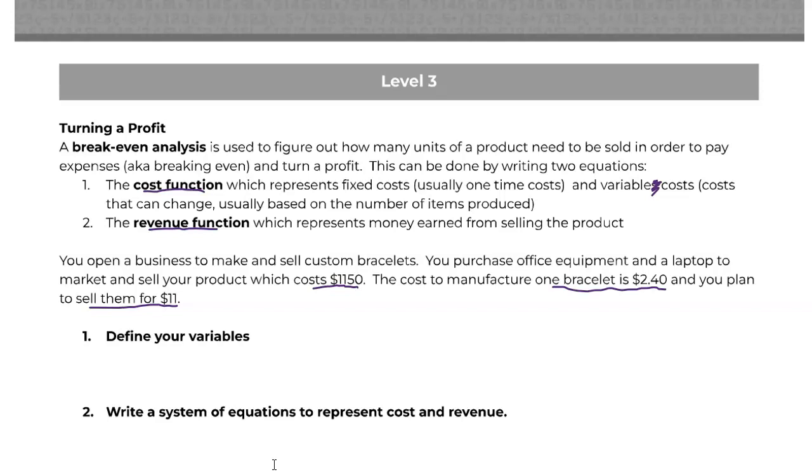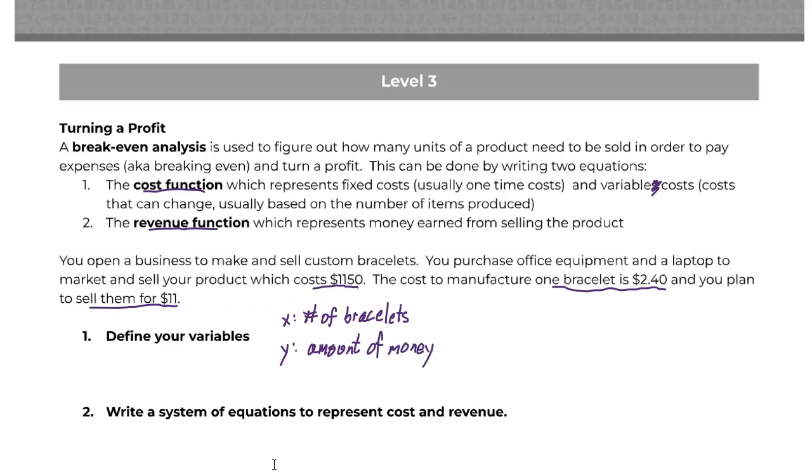Question 1, define your variables. What are the things that can vary in the situation? Well, one of the things that will vary is the number of bracelets that you produce and then sell. A second variable is going to depend upon that number, and that second variable is amount of money.